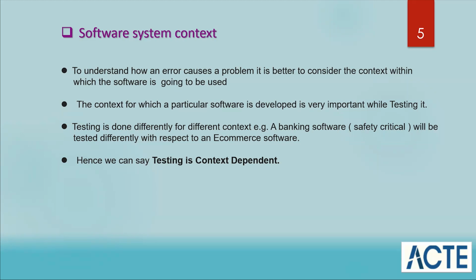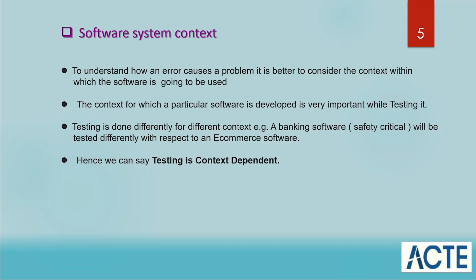Or you can say we have the Amazon web application and the Amazon app. Depending upon the platform, the testing will change. That is the context of the software, whether it is banking software, a web application or a mobile application.